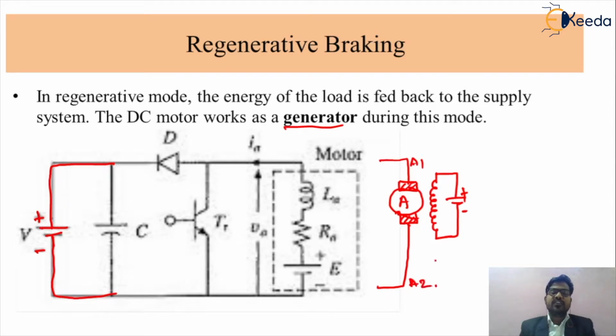So friends, for the sake of understanding, we can now replace this armature circuit by a resistance and inductance, because in an armature circuit there are these basic elements: the armature resistance, the armature inductance, and an external supply E, because it is separately excited.